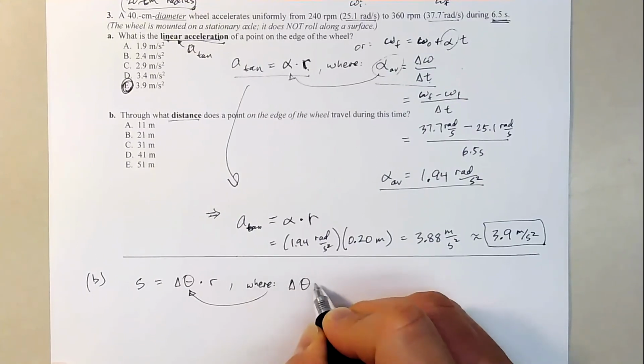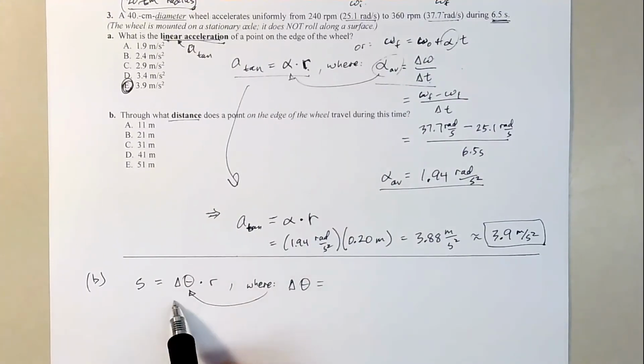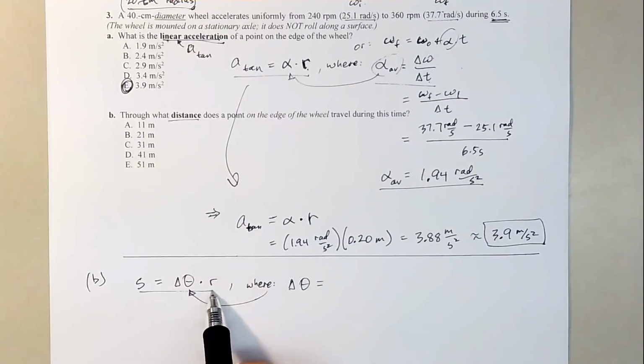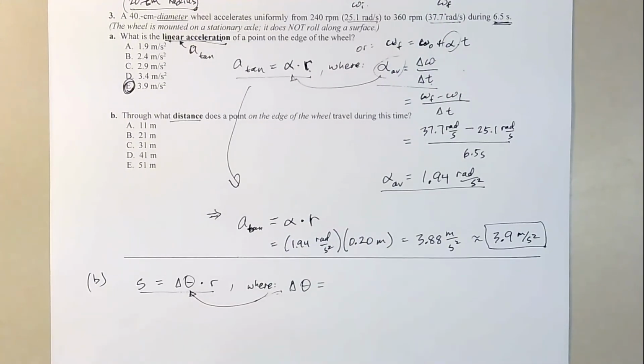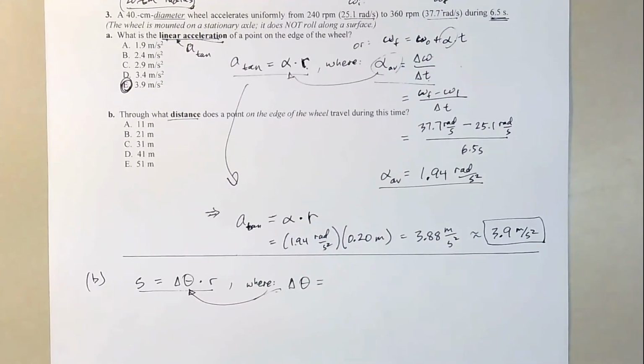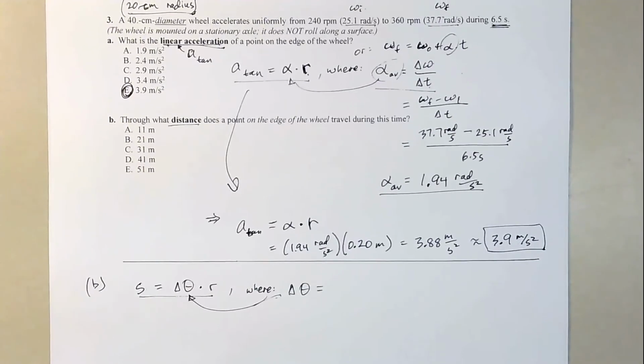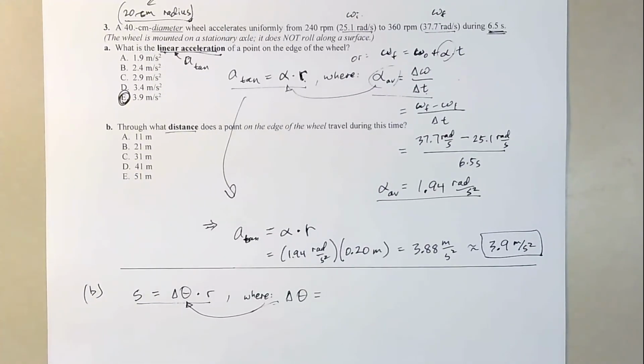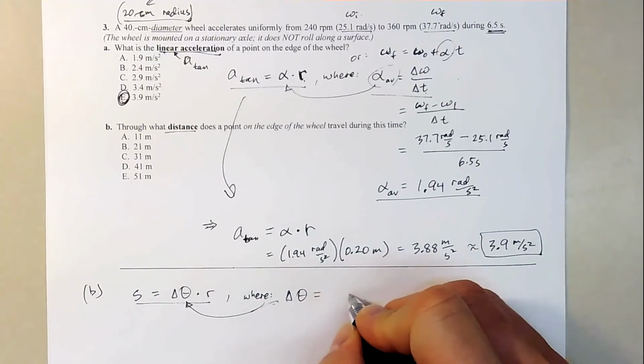So how am I going to get that? And then I can plug it in. Well, if I look at my 3 equations for kinematics for constant acceleration, 2 of them contain delta theta, or theta minus theta initial. One of those is equation number 2.